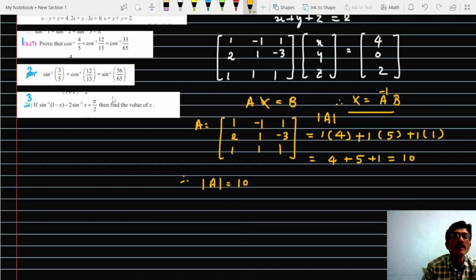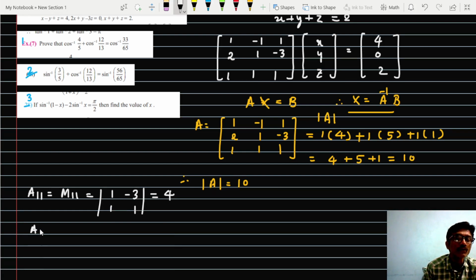A11 is equal to M11, the minor of this. So it is the value of the determinant 1 1 minus 3 1. What is the expansion of this? 1 minus of minus 3 means 4.